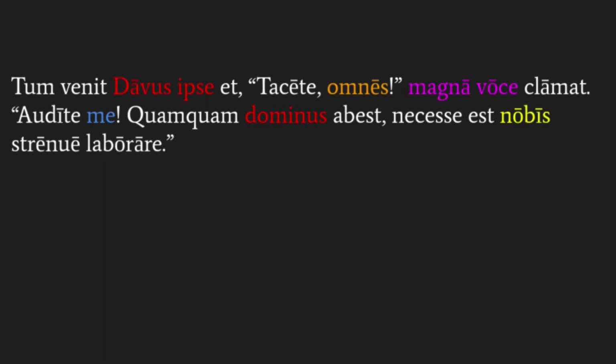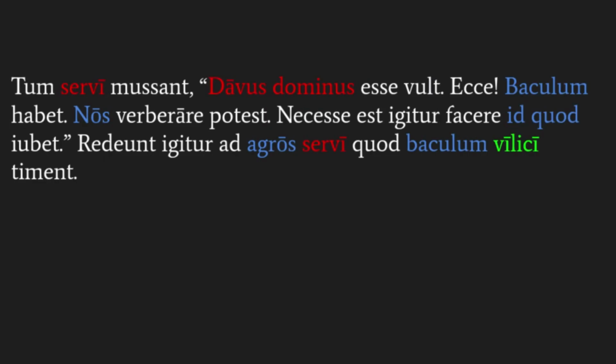Don't worry about this yet. Just know that nobis means for us, and it's going with necesse est. So it's necessary for us, laborare strenue, to work hard, right? So he's saying even though the master isn't here, we still need to work hard, because remember, Davus is the vilicus, he's the overseer.